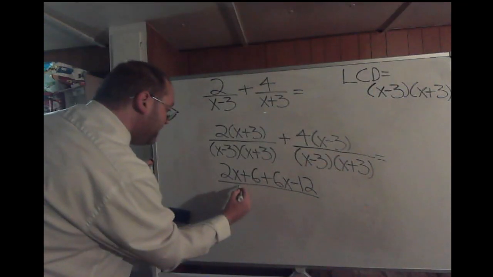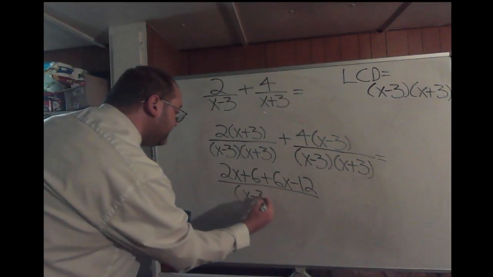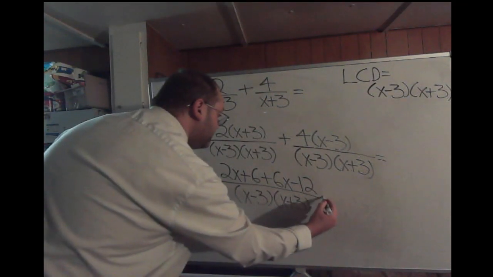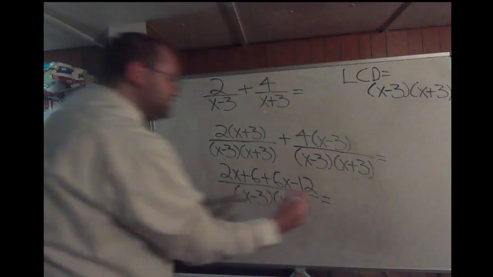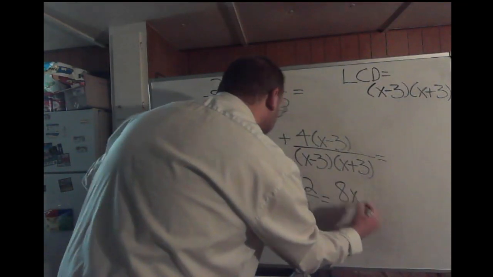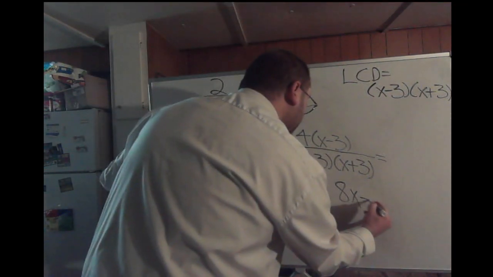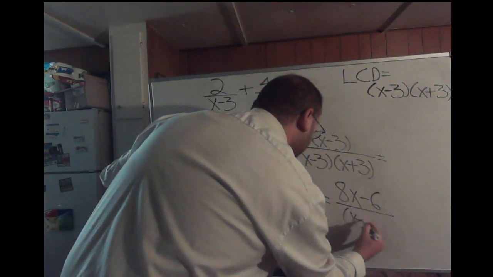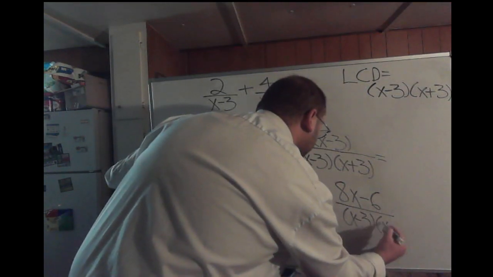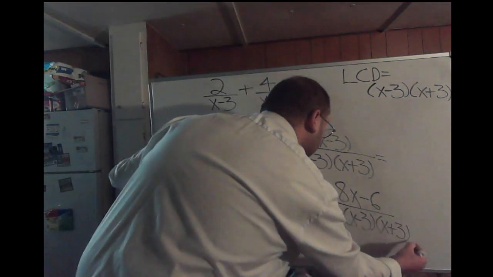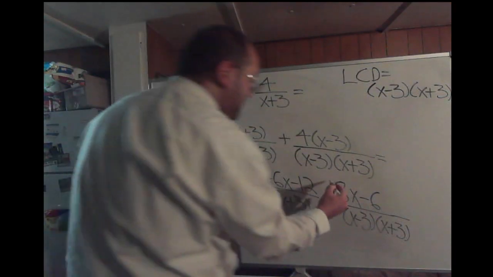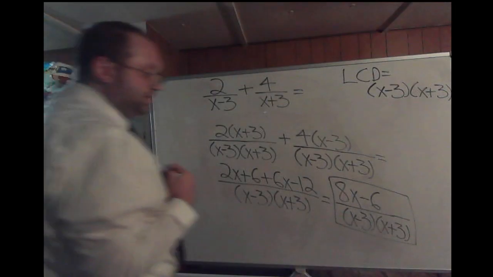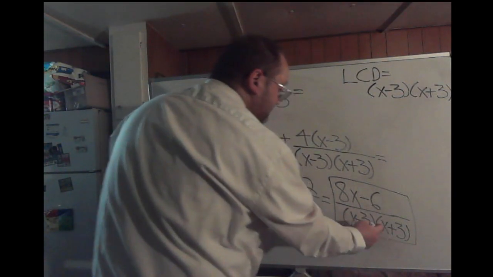All over the quantity of x minus 3 times x plus 3, which, when you do the math a little further, 2x plus 4x, that's going to be 6x. Then you got 6 minus 12, well, that's minus 6, all over x minus 3 times x plus 3. And this doesn't factor any further, so you'll end up getting 6x minus 6 all over the quantity of x minus 3 times x plus 3.